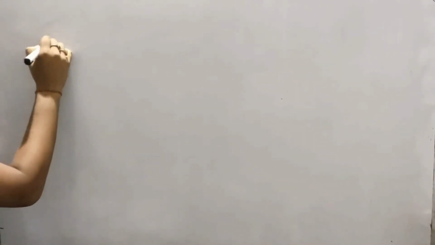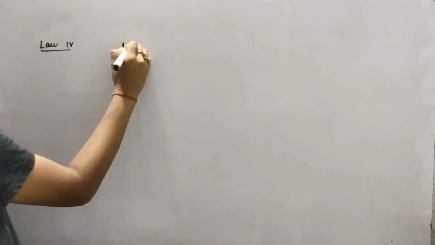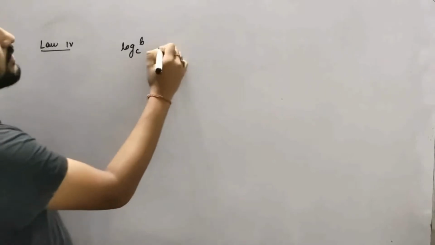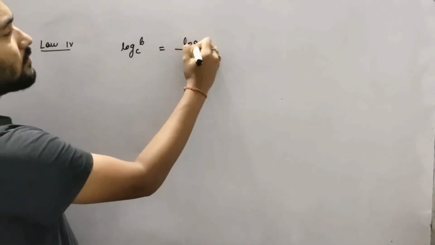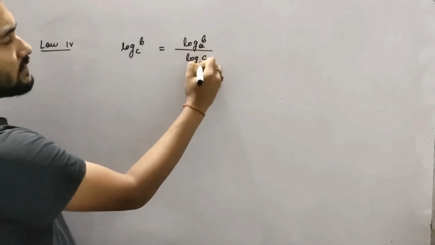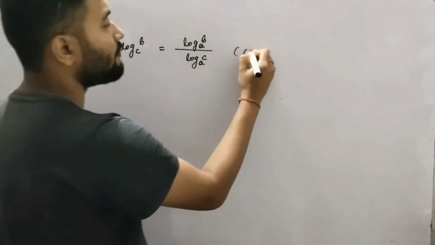This is law number 4: log b base c. I will change the base to a, so log b base a and log c base a. This is the law known as change of base.